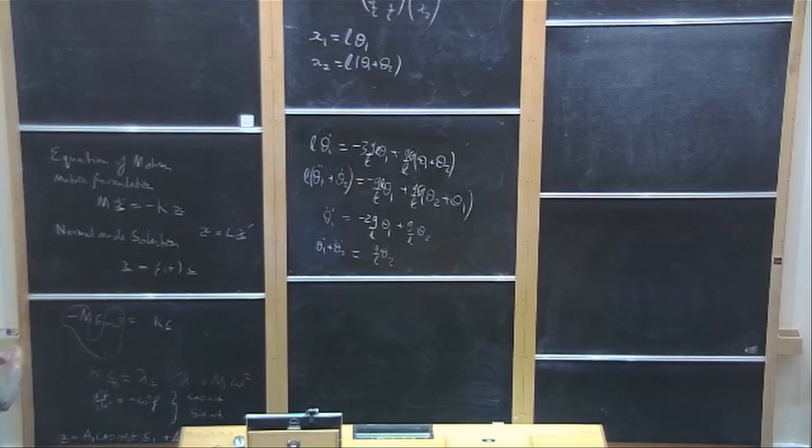So once you've got the thing in a matrix formulation, you can transform what the matrices are by doing linear transformations. And so you can move the complexity from one place to another.